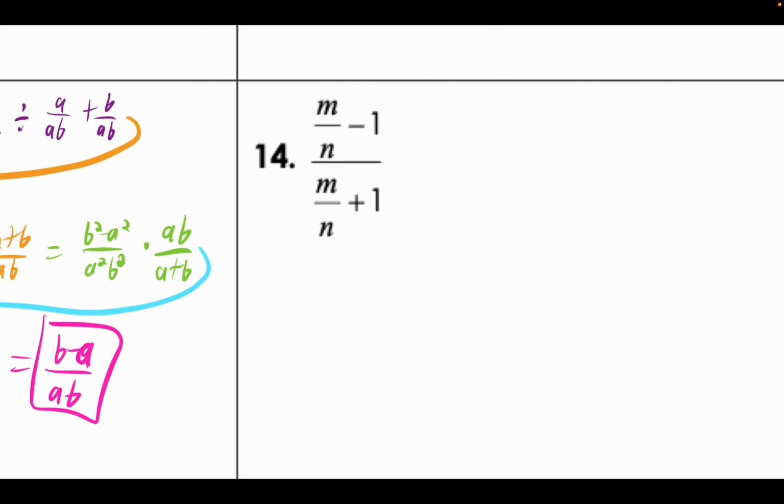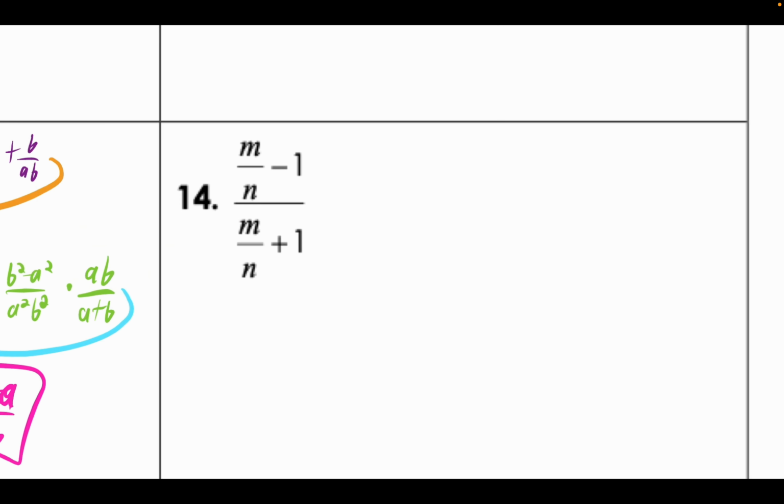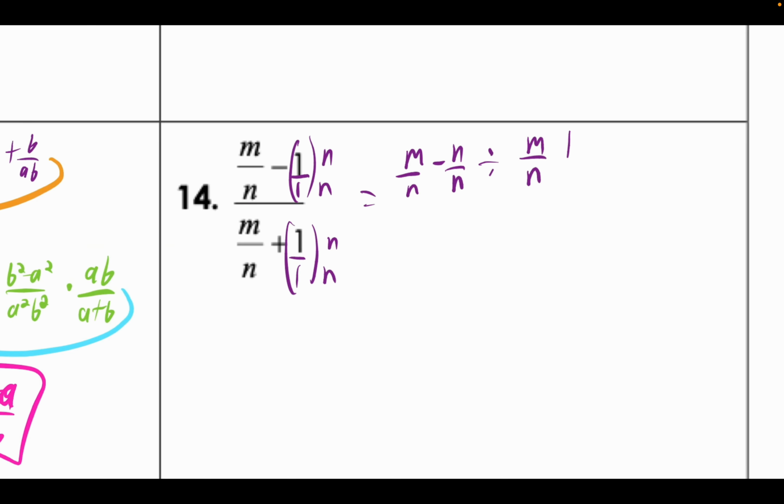Next up, number 14. Both the fractions, the top and the bottom, the numerator and the denominator, have a 1 there that we're going to need to get common denominators with. So 1 is secretly over 1 for both fractions, and that means we'll multiply the top one by n over n and the bottom one by n over n again, giving me m over n minus n over n divided by m over n plus n over n.